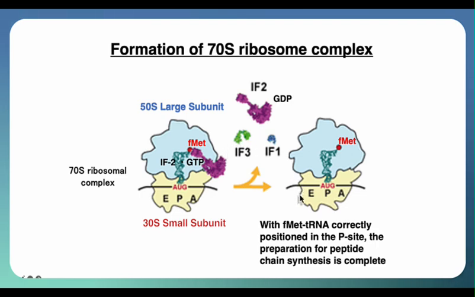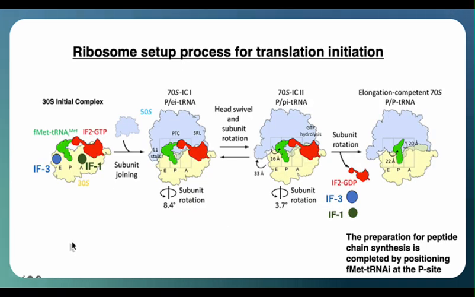Once this state is reached, the ribosome has completed its preparation for protein synthesis initiation, and can accept an aminoacyl-transfer RNA into the empty A site. Let's review the sequence of events using a different diagram. The translation start codon is positioned at the P site of the small subunit, where the initiator transfer RNA is recruited.